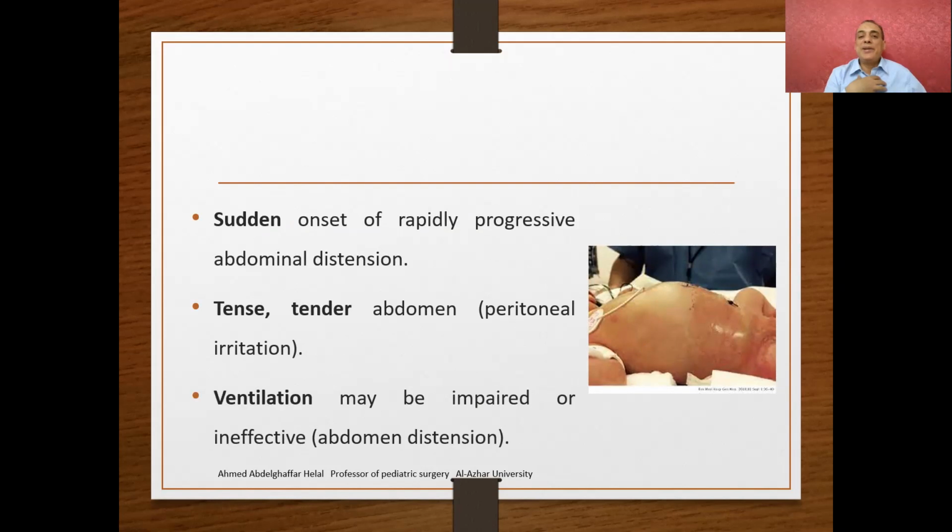Also, ventilation may be impaired or become ineffective with enlarging abdominal distension. So the setting of the ventilator needs to be elevated in this baby, because the overtly distended abdomen will compress the diaphragm, requiring higher ventilation, or the ventilation may become impaired or ineffective.